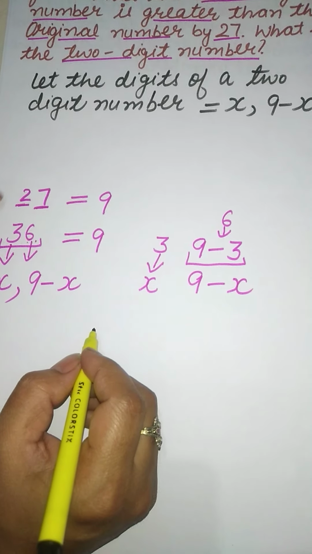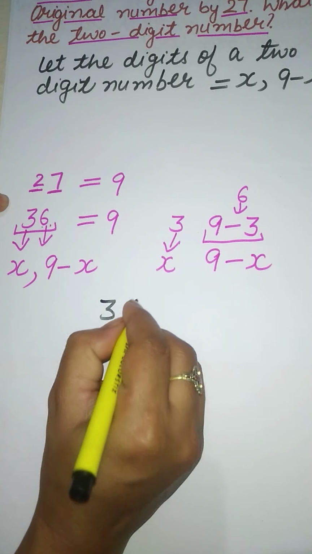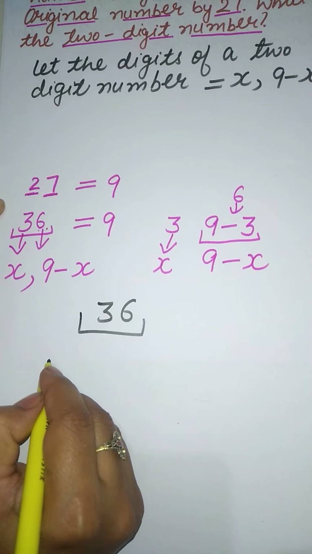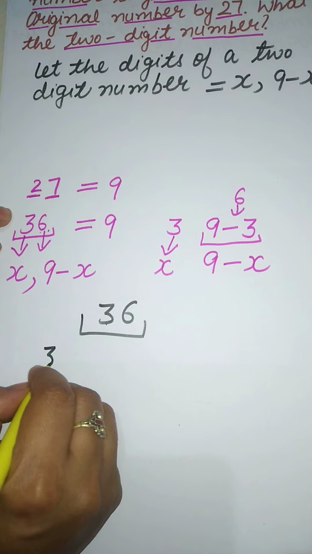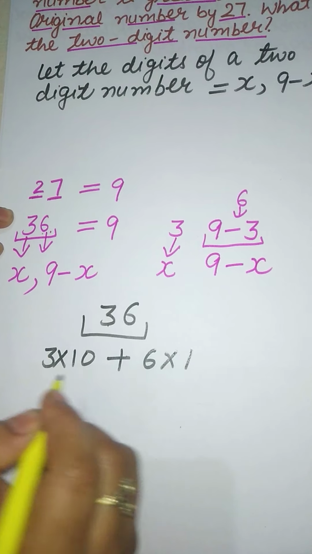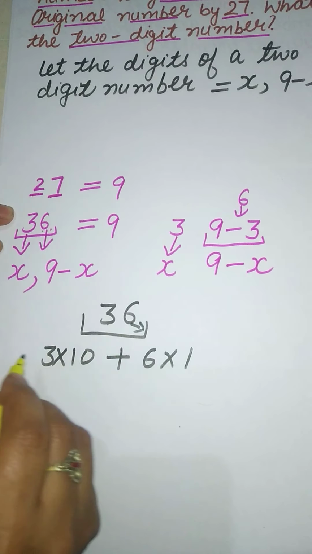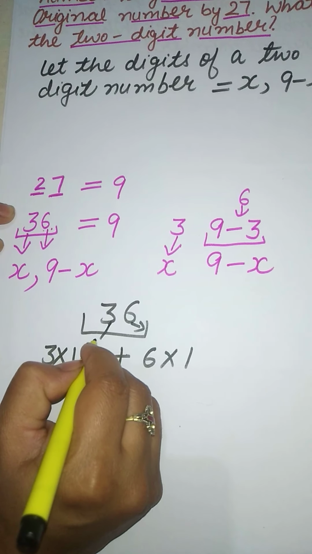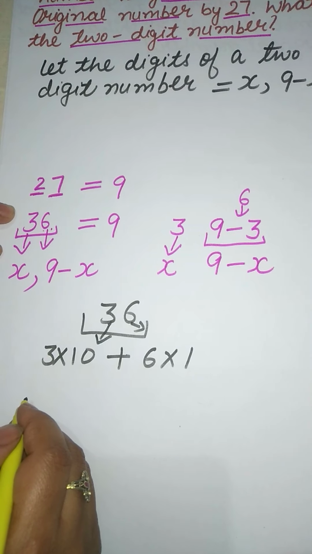As I have taken the example 36, how can this 36 be written? As 3 multiplied by 10 plus 6 into 1, because 6 is on 1's place and 3 is on 10's place.